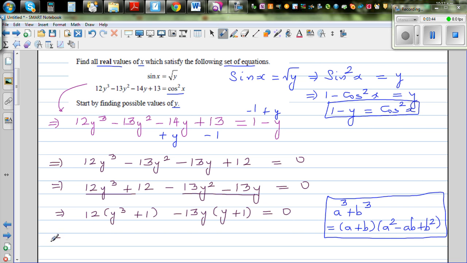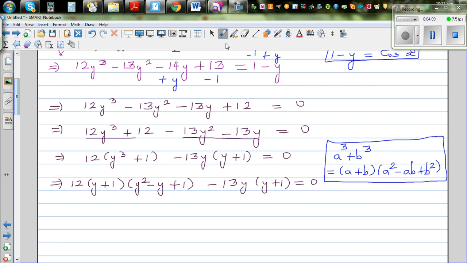So this is 12 times, for a plus b, I can write y plus 1. For a squared, I can write y squared. Minus ab will become minus y times 1. Minus 13y times y plus 1 equal to 0.